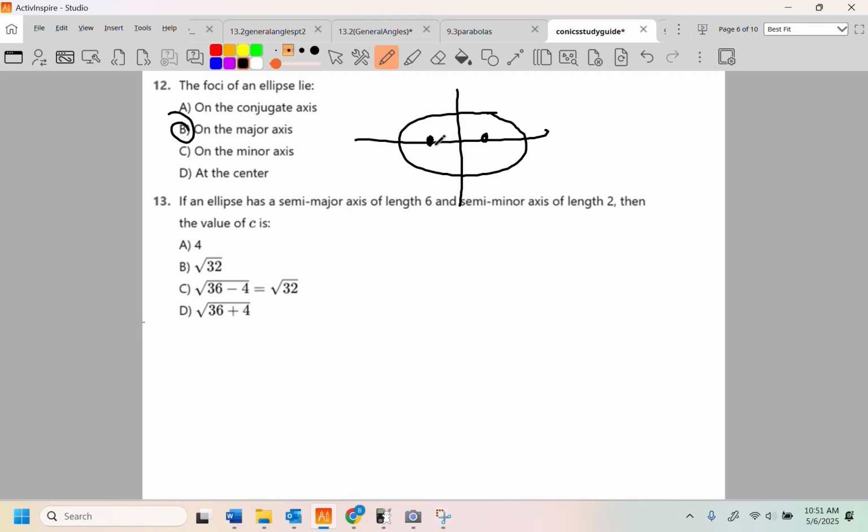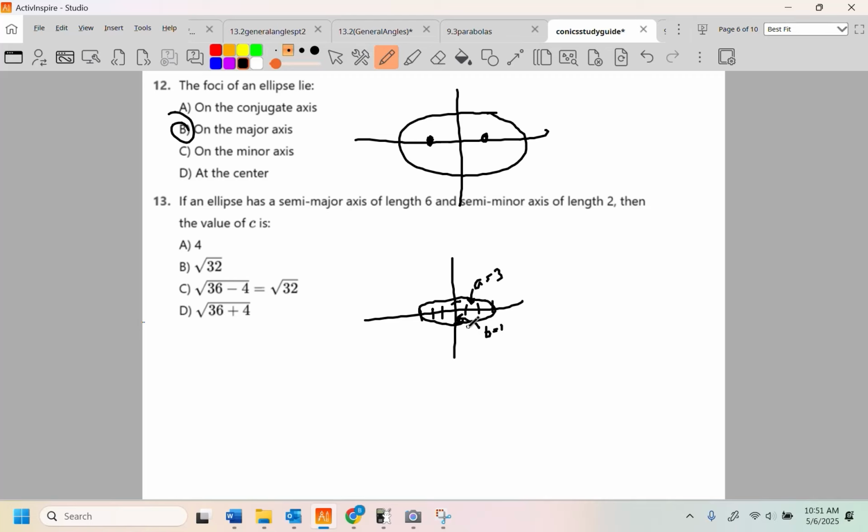If an ellipse has a semi-major axis length of 6 and a semi-minor axis length of 2, then the value of c is what? Okay, so we're going to go out 3, and it doesn't say which one's which, but it's not a big deal. And we're going to go up 1 and down 1. This is a rough copy of the ellipse, no matter what. This is A, and A is 3, and this distance right here is B, and B is 1.